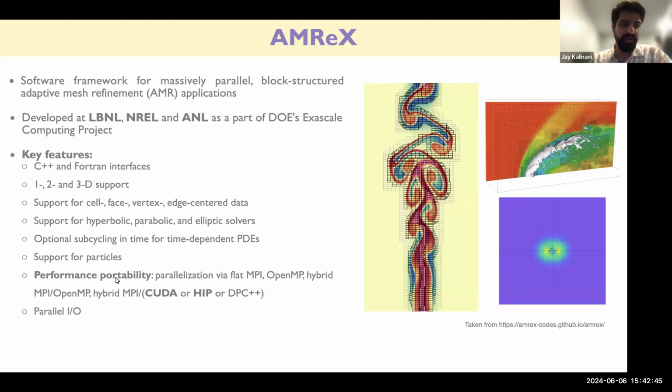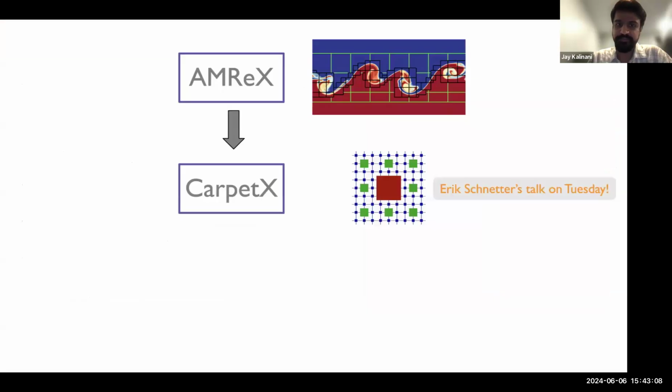A more important part is performance portability. It is compatible with different kinds of architectures: on CPUs, if you want to do MPI or hybrid MPI-OpenMP, or on GPU architectures employing CUDA or HIP compilers.